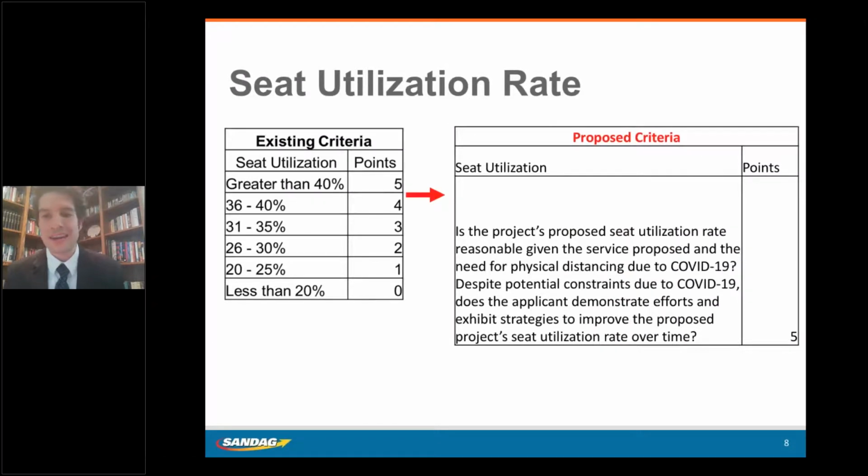Third, due to COVID-19, staff proposes modifying the seat utilization rate performance indicator to allow for more flexibility. The proposed change seeks to balance the need for service delivery with the recognition that physical distancing requirements or recommendations may prohibit or hinder use of shared trips, especially for seniors and individuals with disabilities.